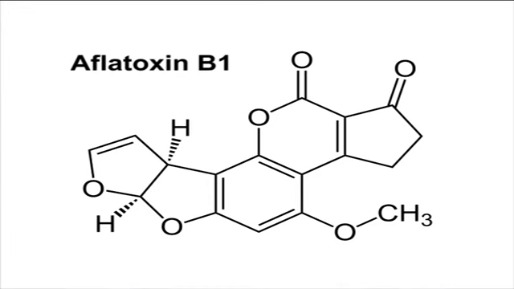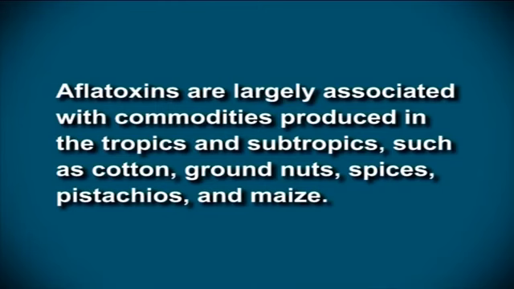Aflatoxin B1 is a potent carcinogen and has been directly correlated to adverse health effects such as liver cancer in many animal species. Aflatoxins are largely associated with commodities produced in the tropics and subtropics such as cotton, groundnut, spices, pistachio, and maize.